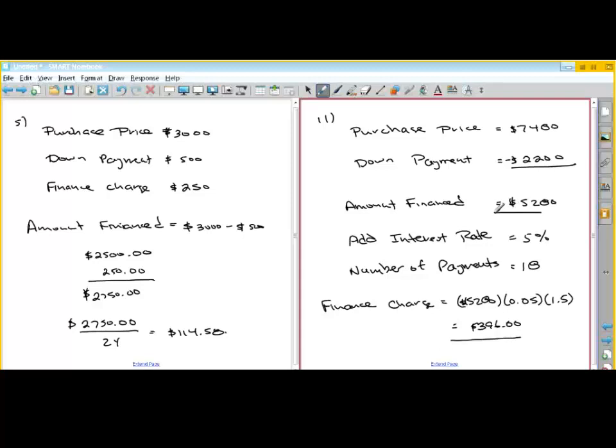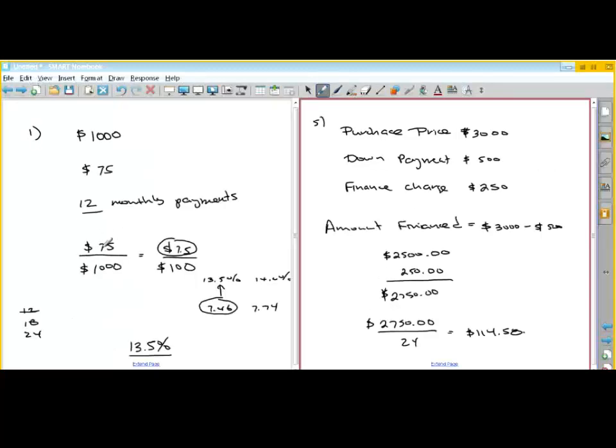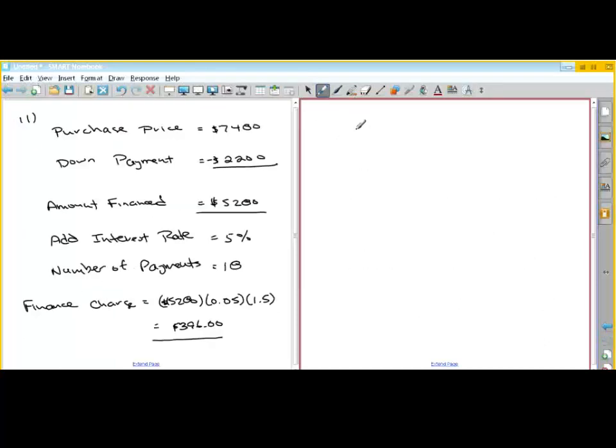So we have the finance charge, we have the amount financed. So if you remember back on the first problem, we had the finance charge per amount financed, per $100. So what we have is $396 over $5,280. So that's our finance charge, and that's our loan. So what we need to get it in is $x per $100. So it's really a proportion.